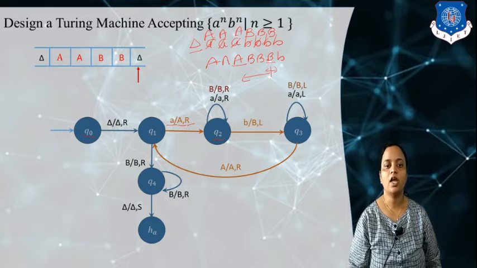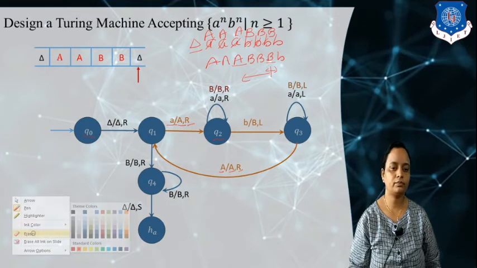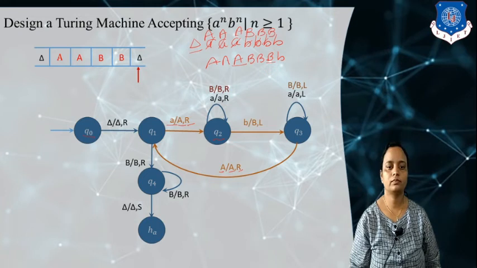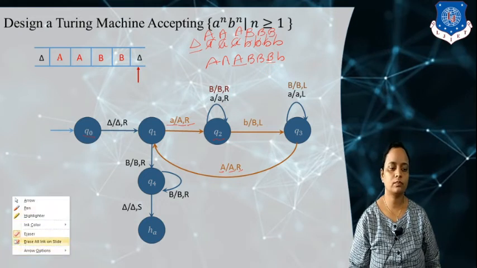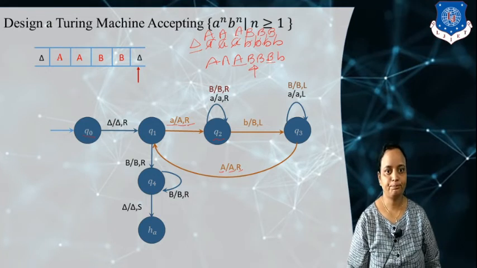So here we have reached, and according to this we have to replace the capital A by capital A and move to the right direction. So my head is pointing to this capital B.